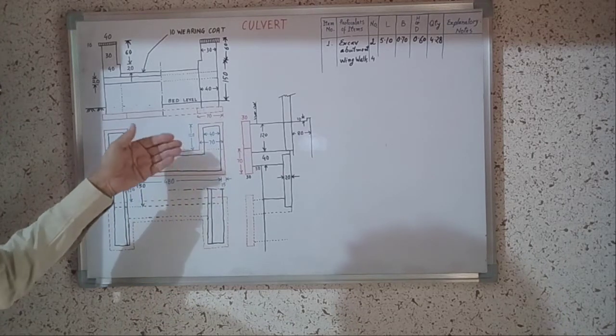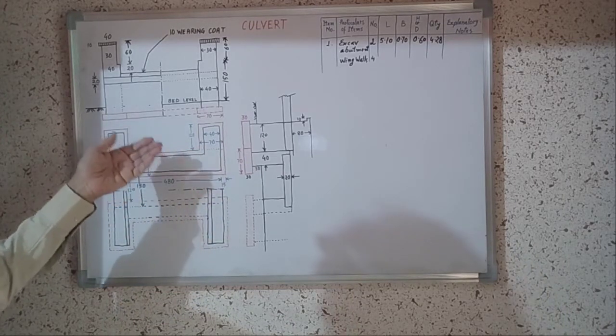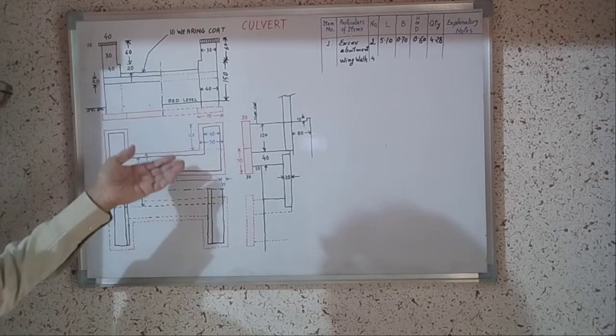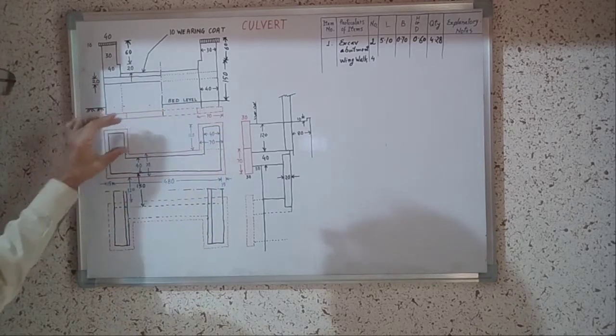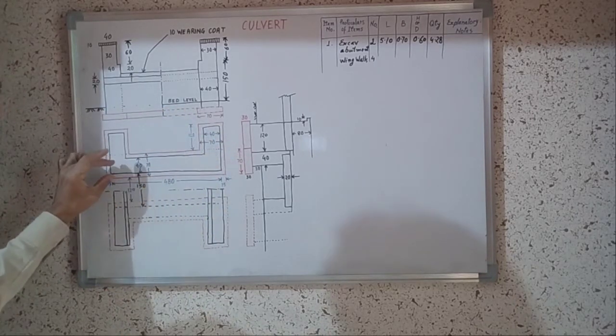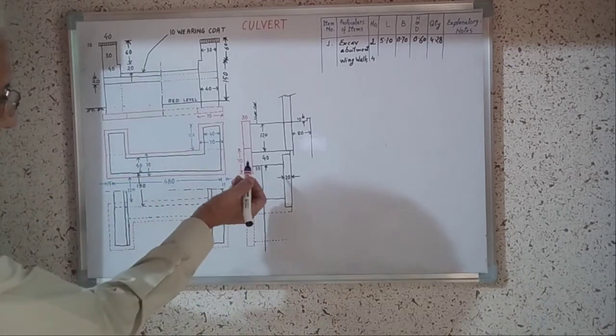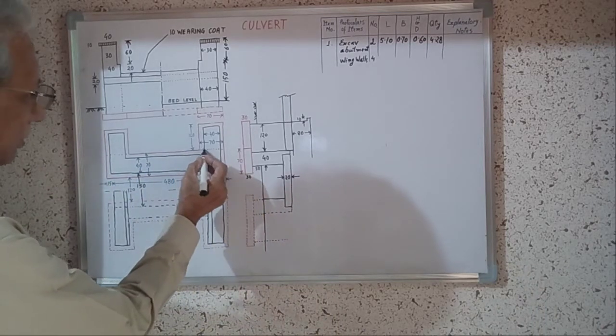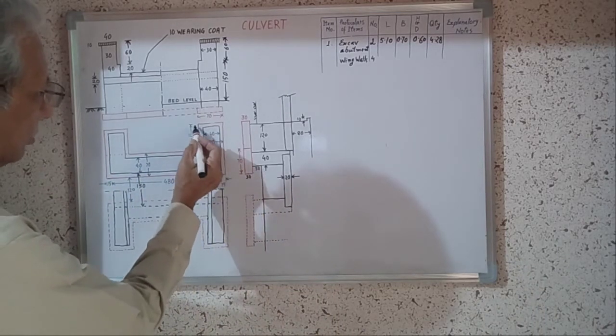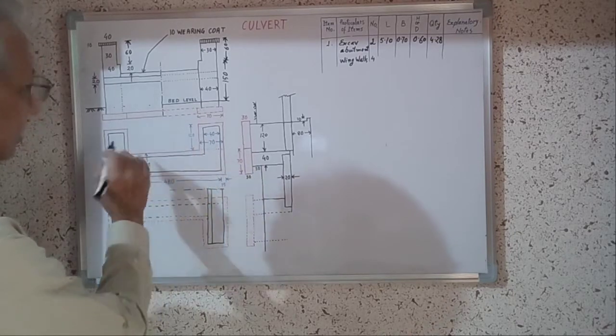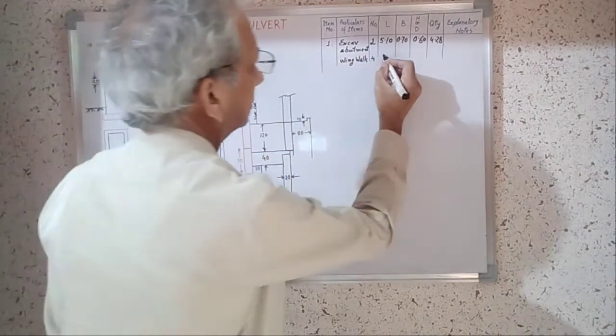Therefore, when doing the calculation for the wing walls, these corners we will not take because they have already been taken. Now I will take up to this point. Now this is 120. 120 will be the length.